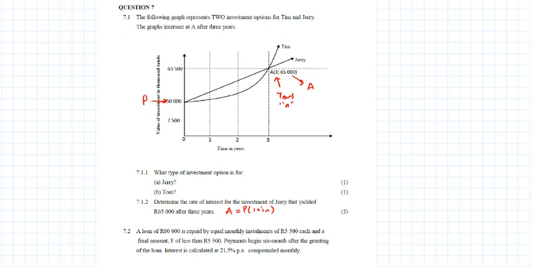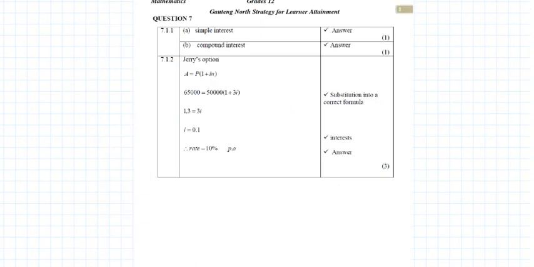So you know A, you know N, you know P, and you just need to find I. It is done in the memorandum, as you see. Straight line is simple interest, compound interest is the curve, and you use the simple interest formula. Just make the correct substitution: A is 65,000, the invested amount is 50,000, and the duration is 3 years. Then just solve it. It's a straight line, so solve the linear equation to get the answer.